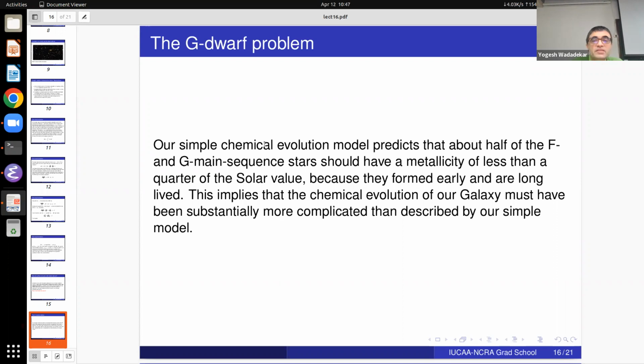So this implies that the chemical evolution of our galaxy must be substantially more complicated than described by our simple model. Because at least in the solar neighborhood, we find most of the stars, even the F and G type, meaning low mass stars like the sun, are having near solar metallicity. It's not very different.